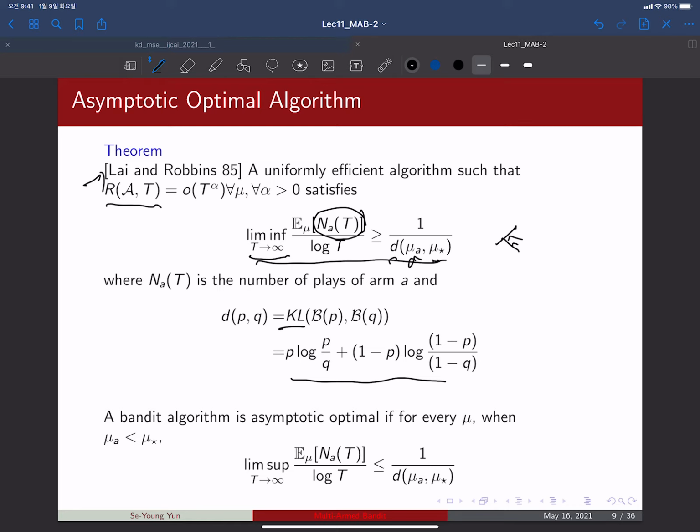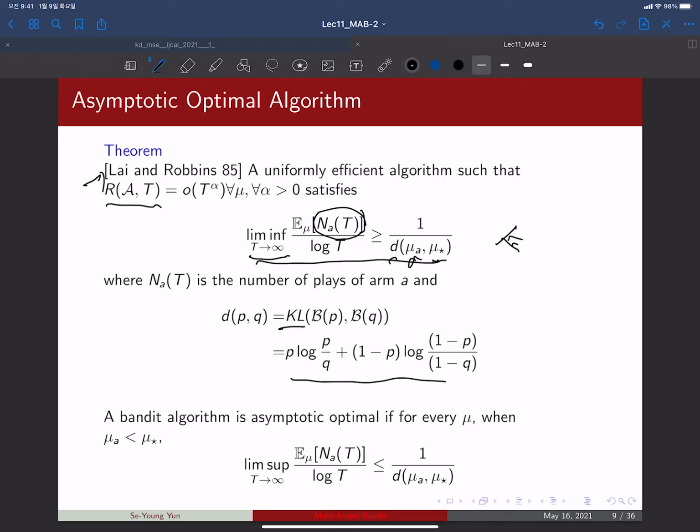We have to visit every single action at least this amount. If the arm is very close to the best arm, we have to play more. Intuitively, we can explain this fundamental lower bound like this. When two arms have a very similar hidden parameter mu value, then to discriminate which one is better, we have to play many times to achieve a very accurate estimation of the hidden parameter.